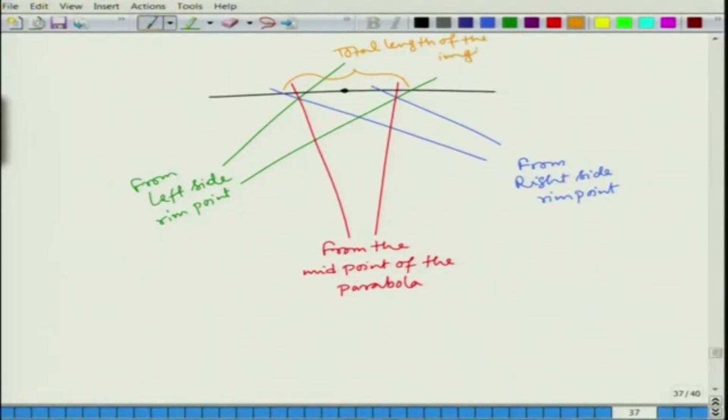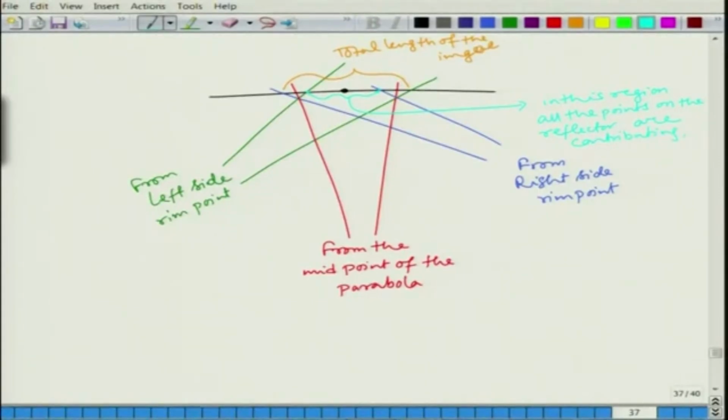But you can see that in this region all the points on the reflector are contributing, isn't it?